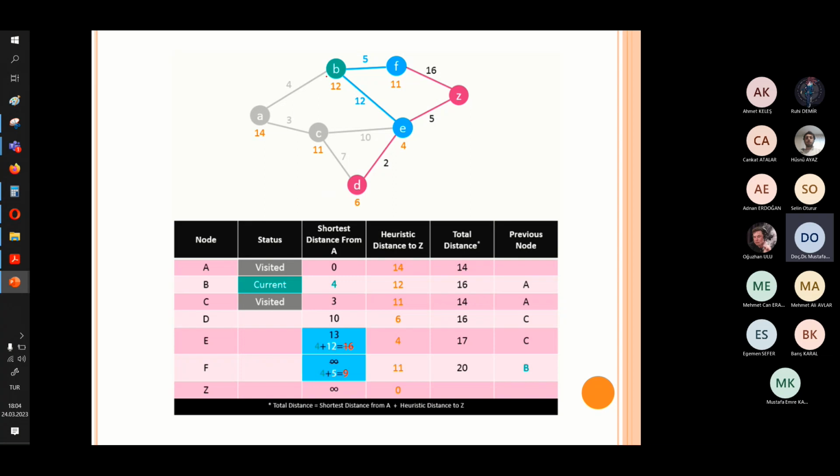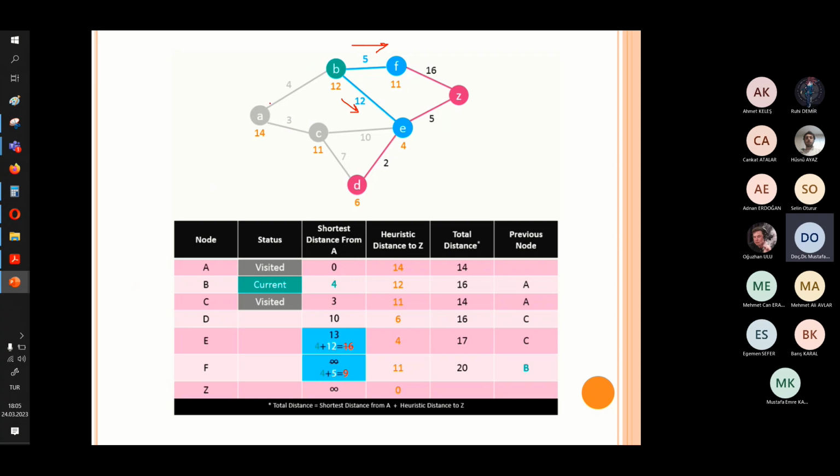And after reaching B, we will be expanding B and E. E has been visited before, and the value was 13 through the C, because we were coming to E through the C, and the cost was 3 plus 10, 13.